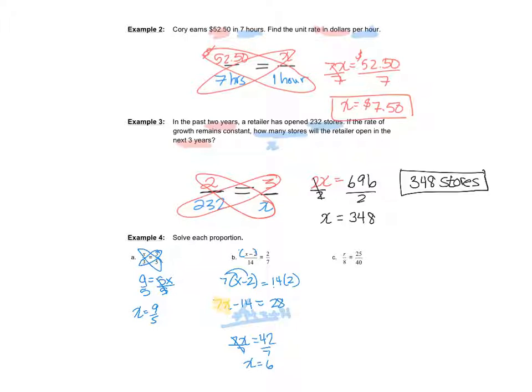Example 4c, we can cross multiply again because it's a proportion. R times 40 is 40r equals 8 times 25 is 200. Divide both sides by 40. I'm going to cancel a 0 right away to make things easier. 20 divided by 4 is 5, so r is equal to 5.